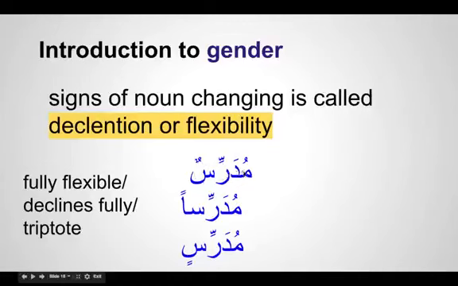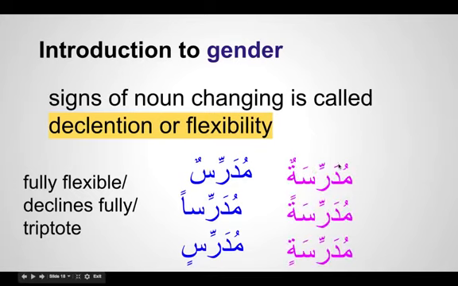Here, if you see mudarrisun, mudarrisan, mudarrisin, the word can take a dhamma, fatha and kasra. For feminine words, mudarrisatun, mudarrisatan, mudarrisatin, the word is taking dhamma, fatha and kasra. So when a word takes at the end of it a dhamma, fatha or kasra, that is called fully flexible, or it declines fully, or we can call it a triptote. Triptote means triply.